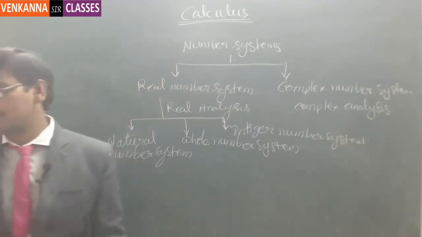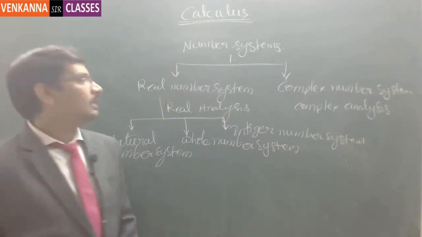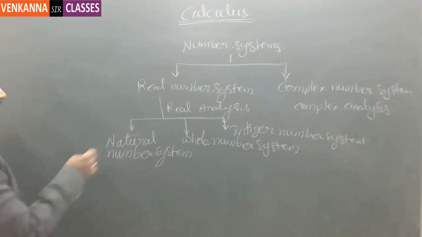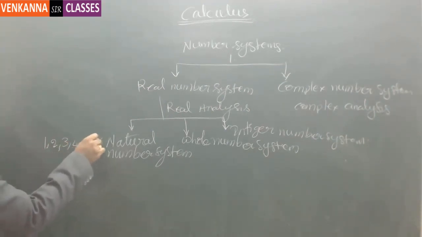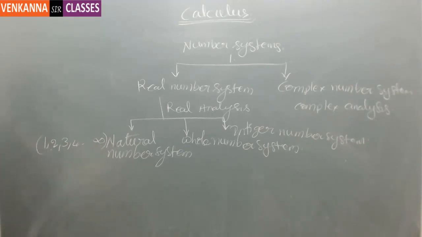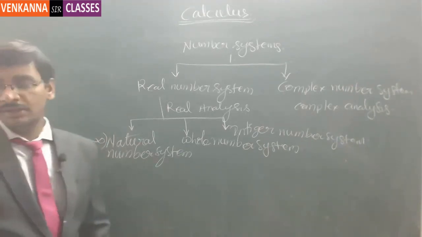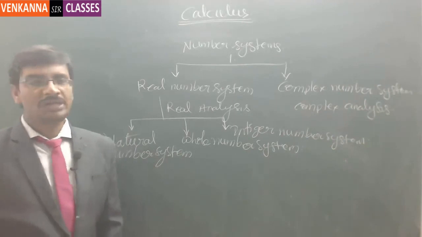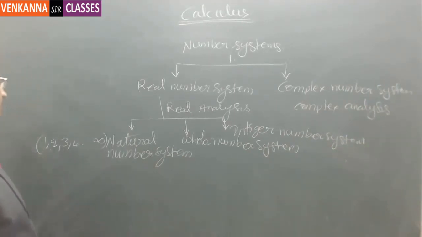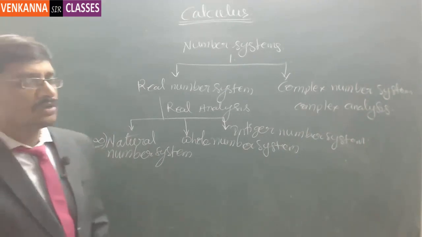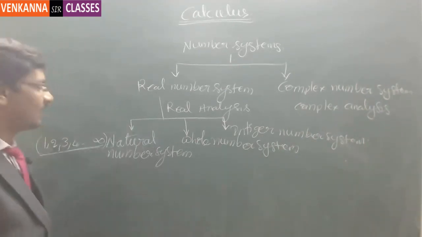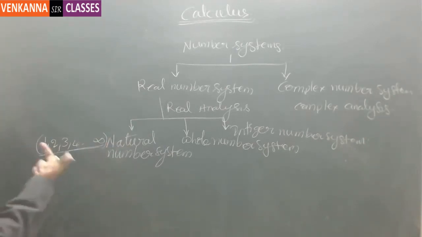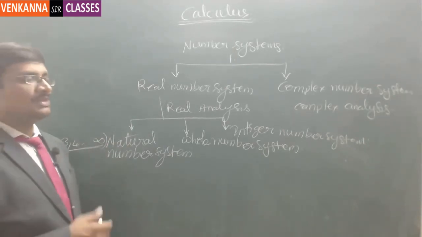There are no subtopics in it. Got it? Here, if you notice, these natural number systems are nothing but 1, 2, 3, 4 and up to infinity. These are the natural numbers, without including 0 here. So initially, the numbers were invented without 0. That's why this forms the basic number system. That's why when we start counting, we start with 1, not with 0. So that's the reason we call this the natural number system, because these were naturally developed out of necessity.